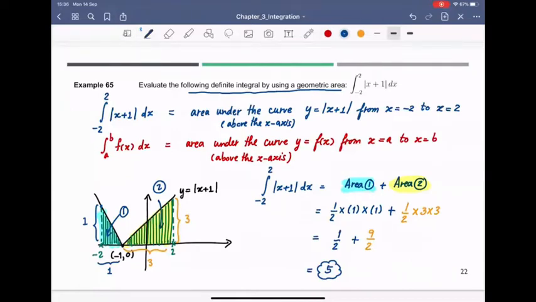Well, I know that some of you say, Ajahn, it seems hard that we have to draw the picture and look at the area under the curve. Do we have another way? The answer is yes. After we learn the fundamental theorem of calculus, we're going to have a way to integrate this easily.